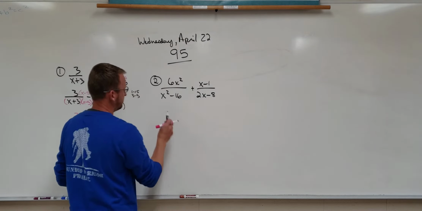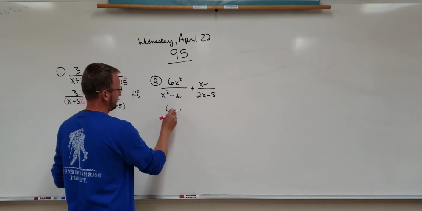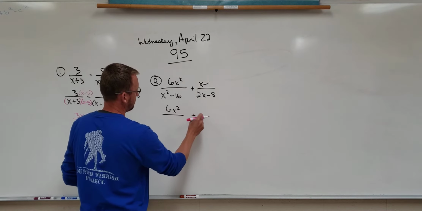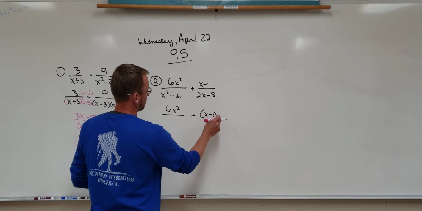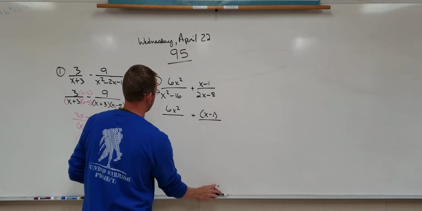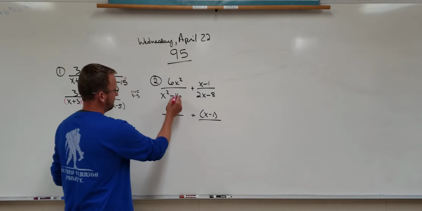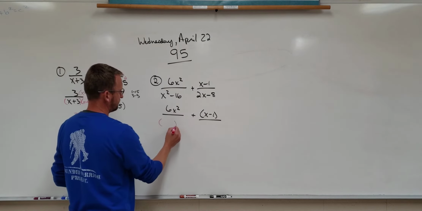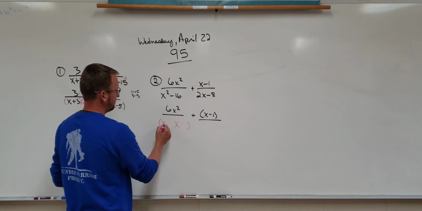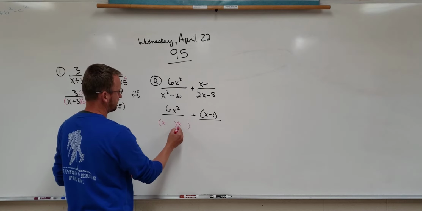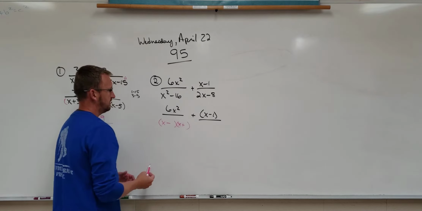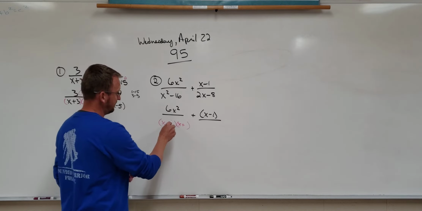We already know this is just the next step, 6x squared plus x minus 1, I'm just putting those in parentheses. Difference of 2 squares, or close to it. X and x, negative, positive. So factors that are going to cancel out in the middle.